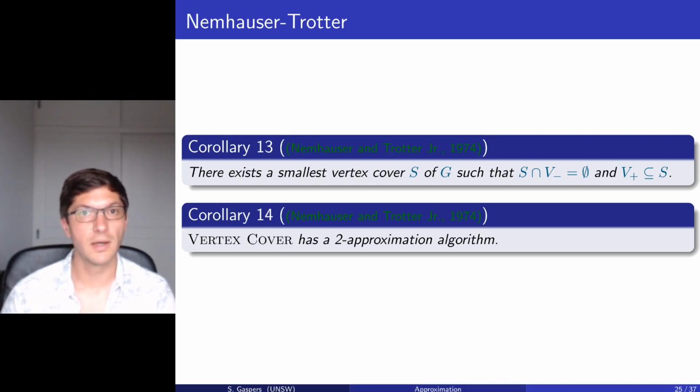Okay, but what we know is that the linear program is a relaxation of what needs to be done for an optimal solution. So let's look at all the vertices that are left. The linear program gives value 1/2 to each of those vertices.